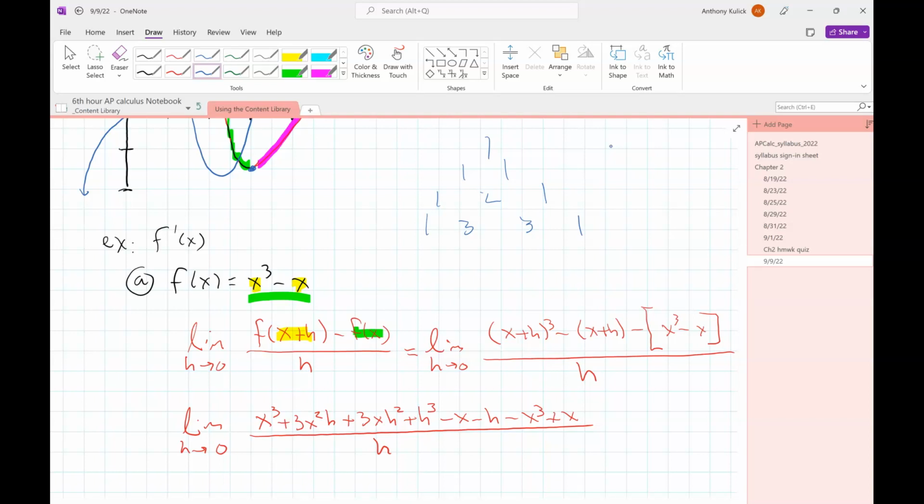Okay. If we look at what we got here, let's combine some like terms. I notice I got an x cubed and a negative x cubed. I have a negative x and I got a positive x. What else do you guys notice? All the rest of them have h. Everything else has an h in it. So that can all reduce.